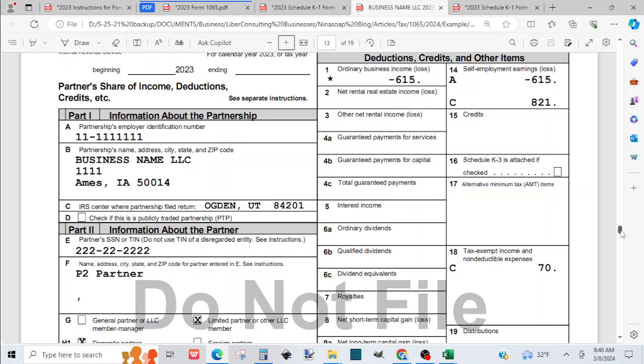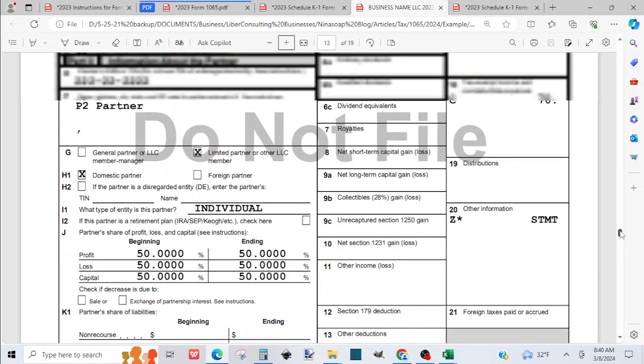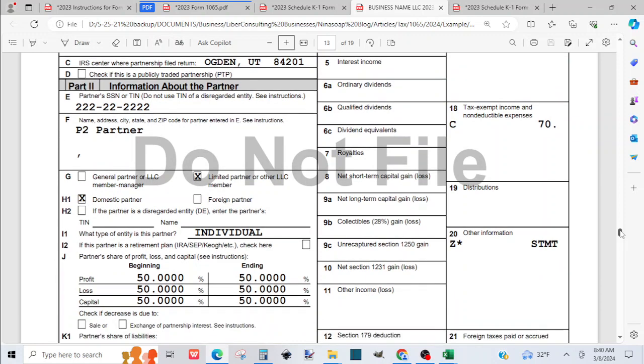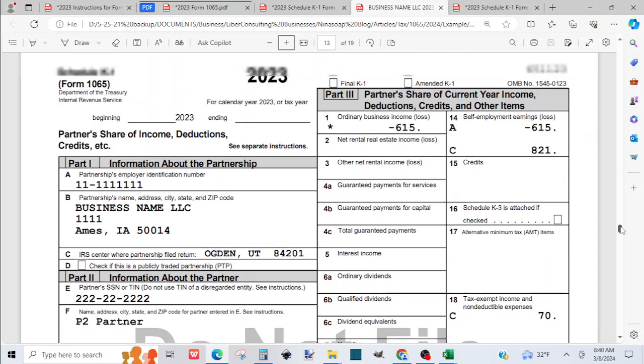You'll be filing Schedule C. But if it's two members or more, you'll file 1065, unless you request to be taxed as an S corp and file 1120S. So if you're filing 1065, the ownership of all the partners should total to 100.